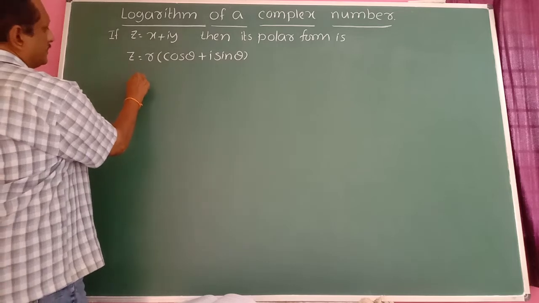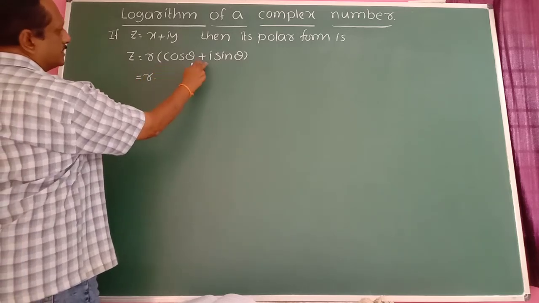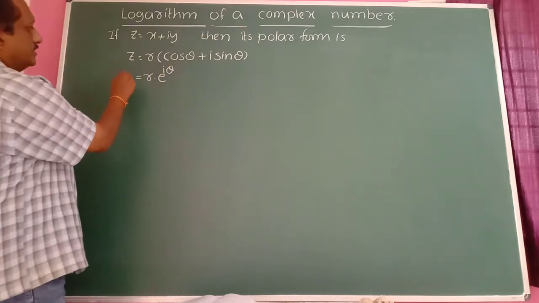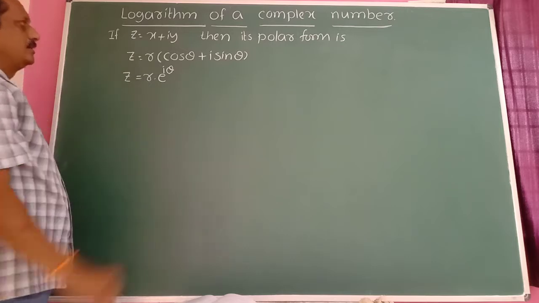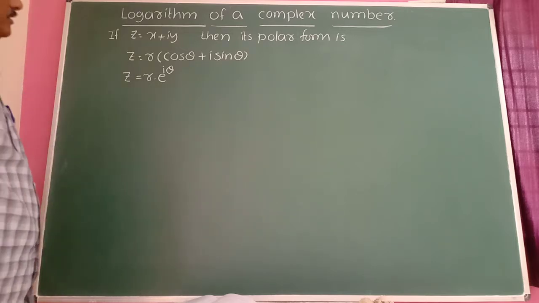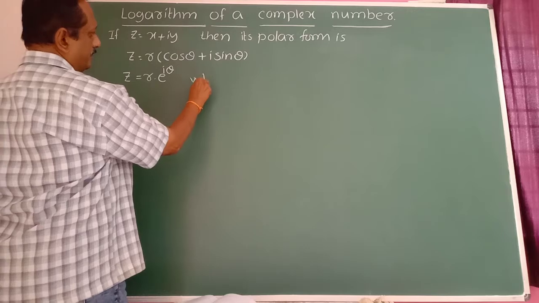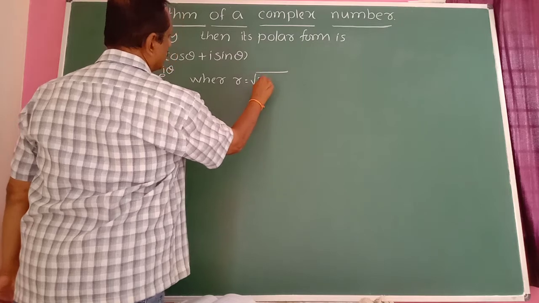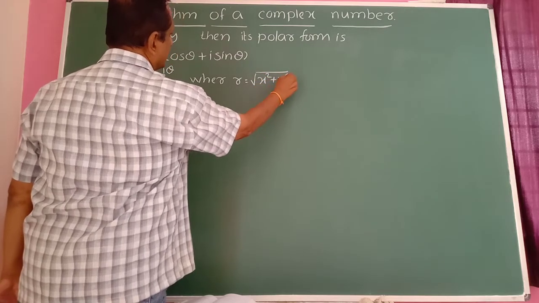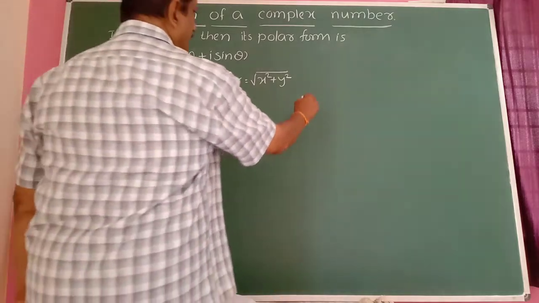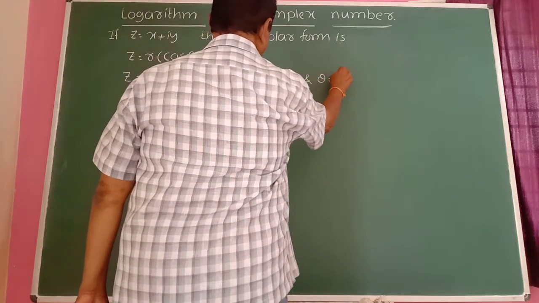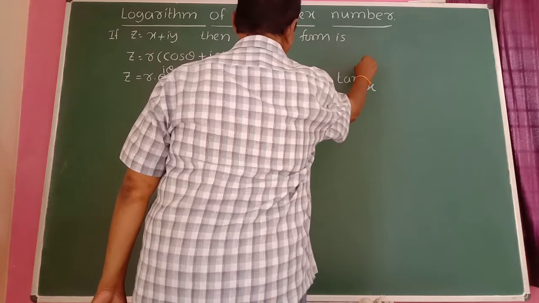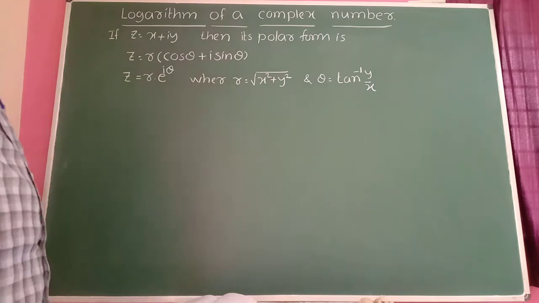Therefore, from the previous result, cos theta plus i sin theta is e raised to i theta. Therefore, z is equal to r into e raised to i theta, where r is the modulus of the complex number, root of x square plus y square, and the amplitude theta is equal to tan inverse of y divided by x.